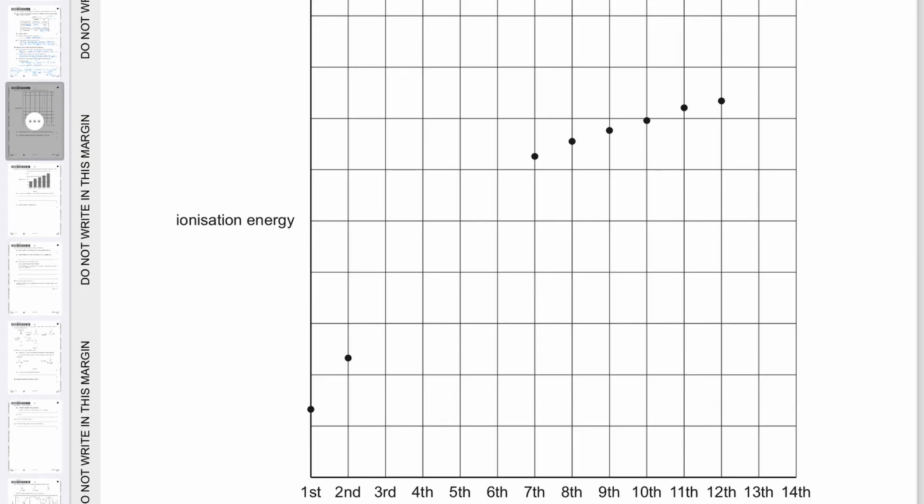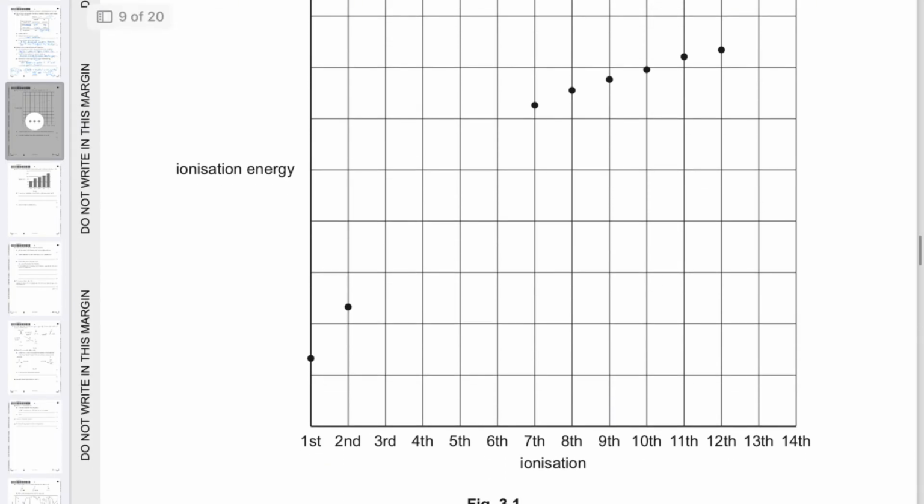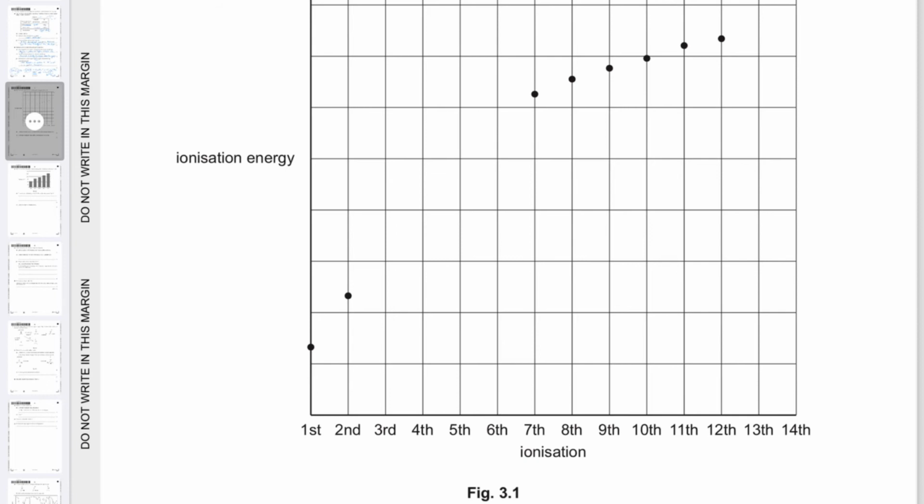For example, the ionization energy that's required to remove an electron from the second shell will be much greater than the ionization energy to remove an electron from the third shell. Since the second shell is closer to the nucleus, there is going to be a large difference in the energies required to remove these electrons. Silicon, being a group 4 element, has 4 electrons in its outermost shell.